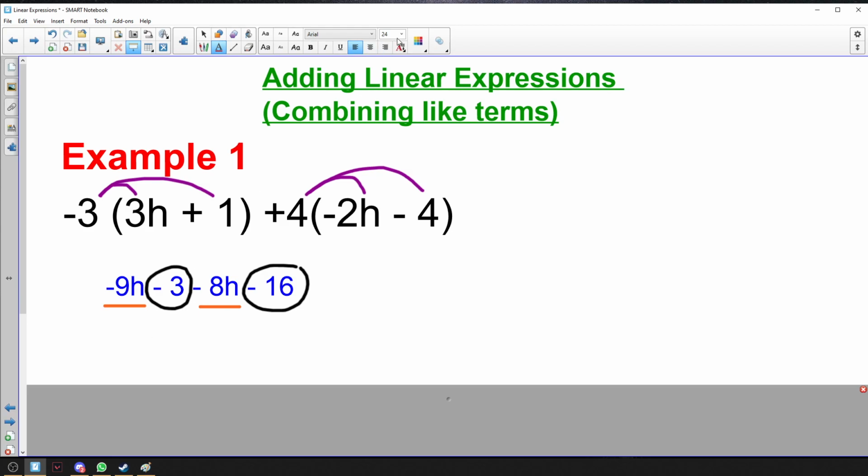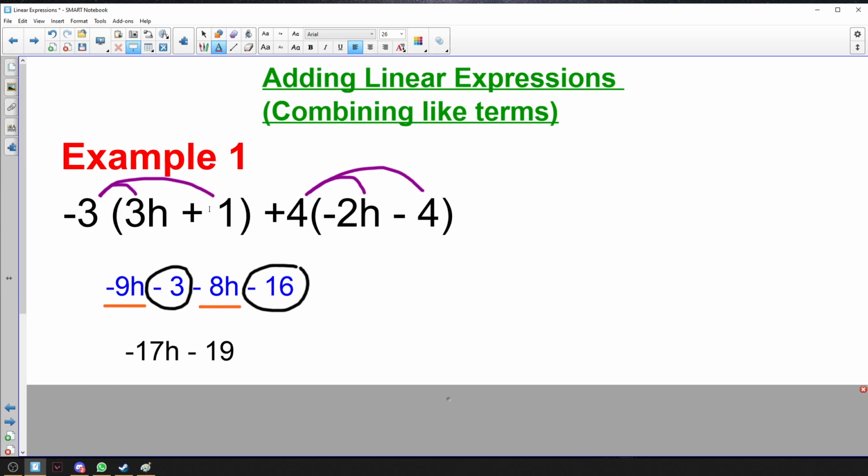I'm sure you can guess what I'm going to do after I've identified my like terms. Minus 9h minus 8h becomes minus 17h. Now I'll go on to my minus 3 and minus 16. Hopefully you remember from your lessons on integers, I'm going backwards, so it will be minus 19. And that's my answer, minus 17h minus 19.